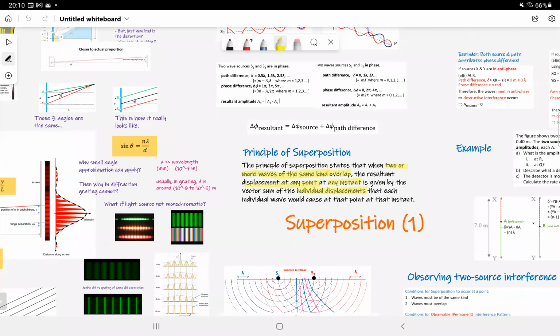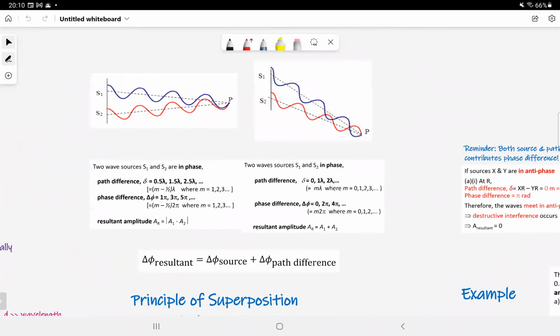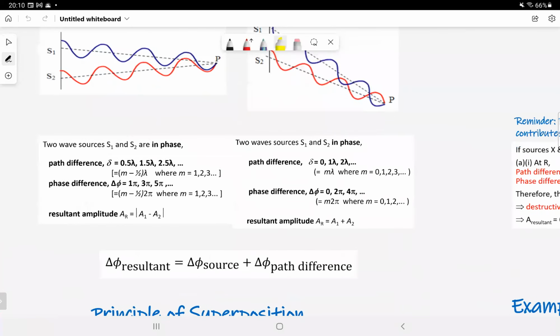So let's go on to the simple two source scenario. This is a diagram that you see in every set of lecture notes. I actually don't want to say too much here. It tells you, when they are in phase and the path difference is 0.5 lambda, what will happen? You will have destructive interference, so the resultant amplitude would be a difference.